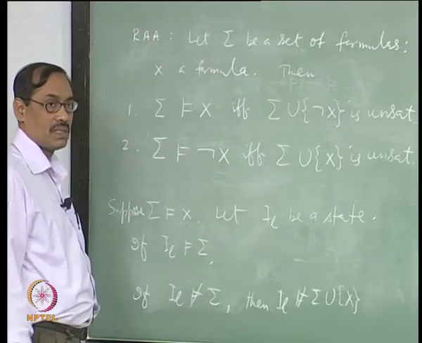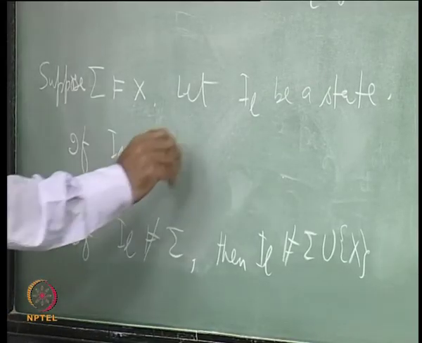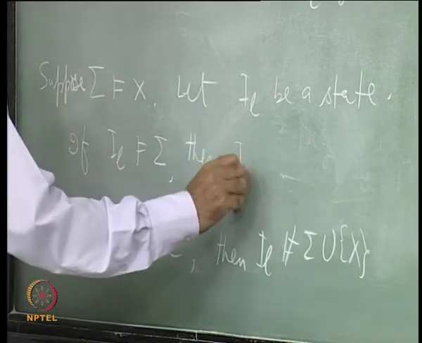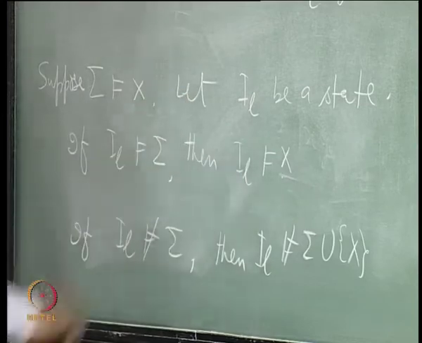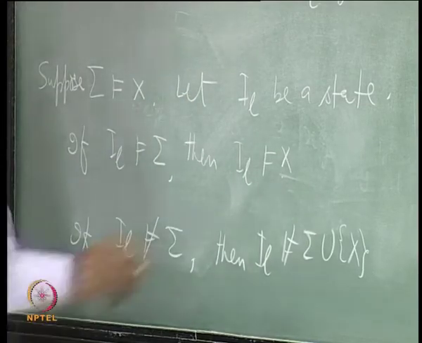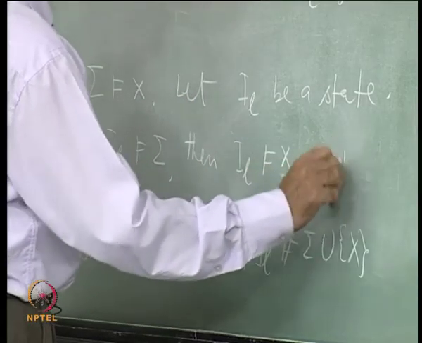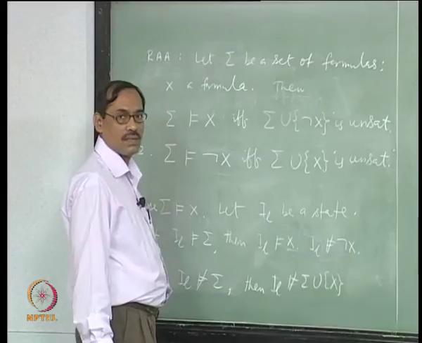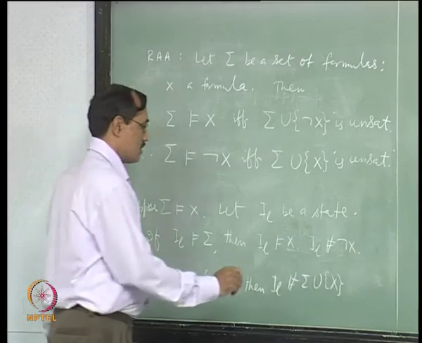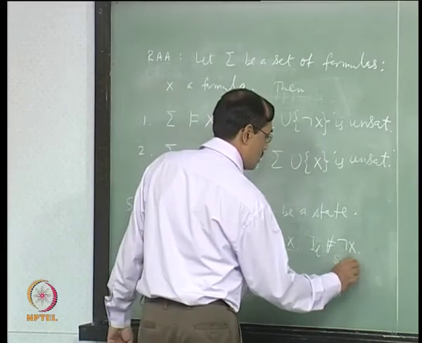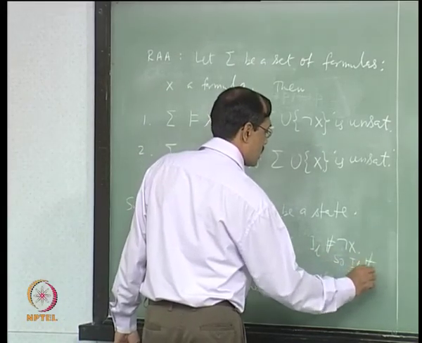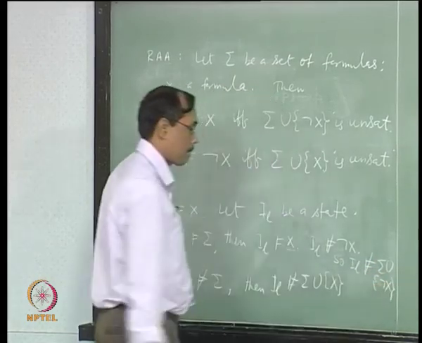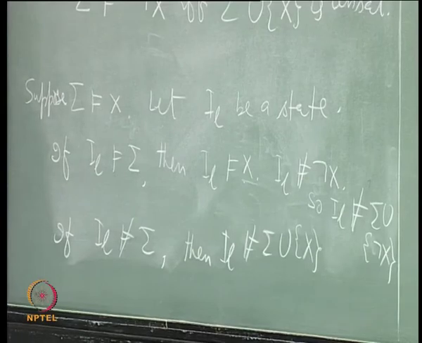If IL satisfies sigma, then since sigma entails x, IL satisfies x, right. So, IL does not satisfy not x. Okay. So, IL is not a state model of sigma union not x.